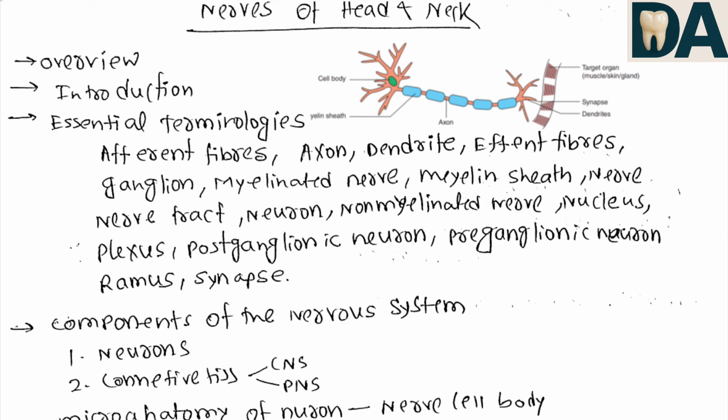Importance of neuroanatomy in dentistry. Pain control is an essential and primary aspect of patient management in dentistry. Pain control before any dental procedure is achieved by anesthetizing the nerves of the head and neck using a local anesthetic solution.